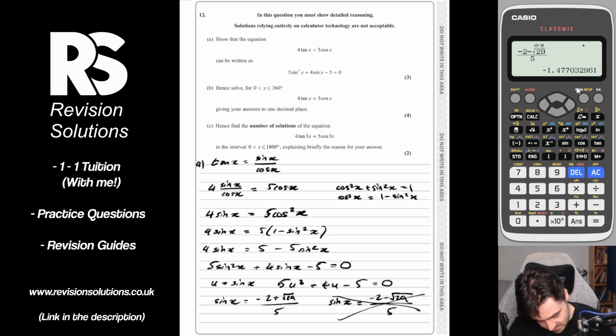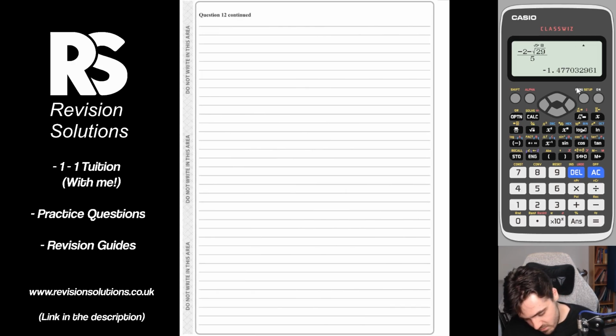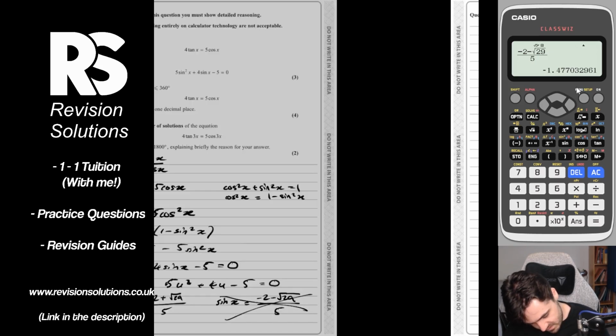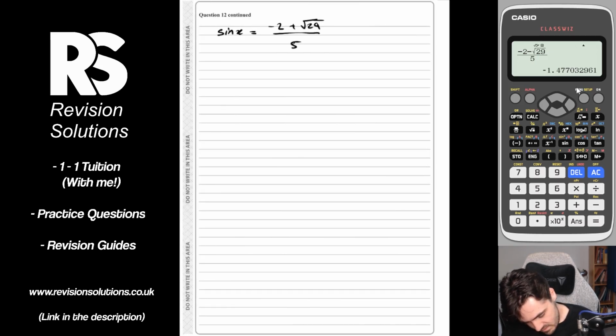And we just have to focus on finding the values for x that solve that equation. So if I bring that over, that was sine x equals minus 2 plus root 29 over 5. And then let's draw a quick sine graph so we don't make a mistake. So there's a sine graph. Minus 2 plus root 29 on 5 lives about there.